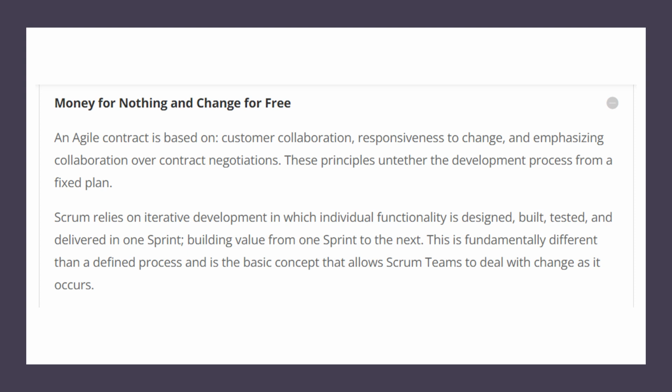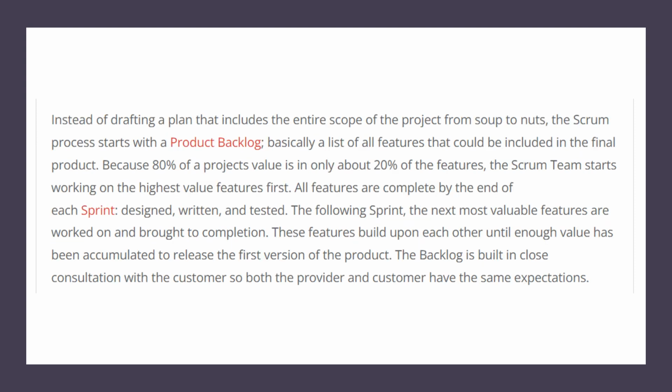This is fundamentally different from a defined process and is the basic concept that allows a Scrum team to deal with change as it occurs. Instead of drafting a plan that includes the entire scope of the project from soup to nuts, the Scrum process starts with a product backlog, basically a list of all features that could be included in the final product.